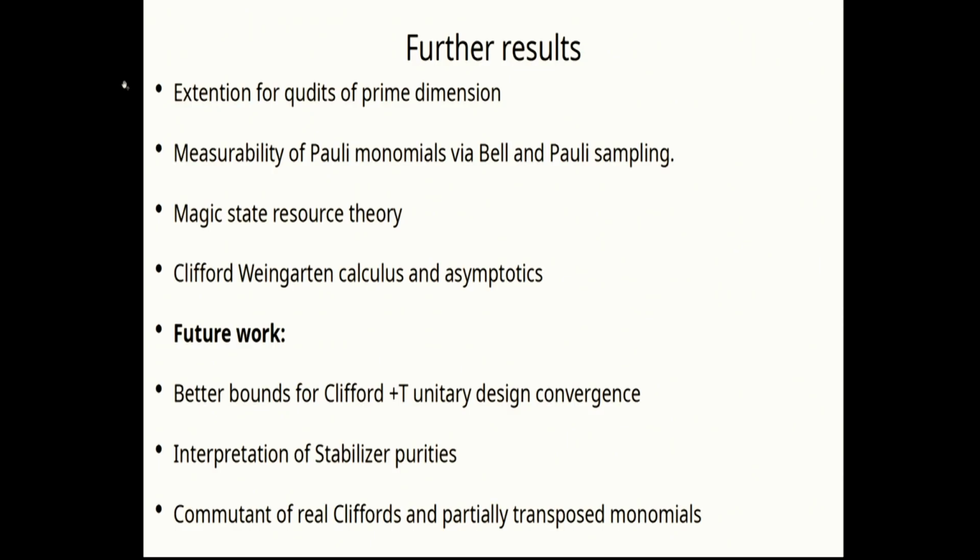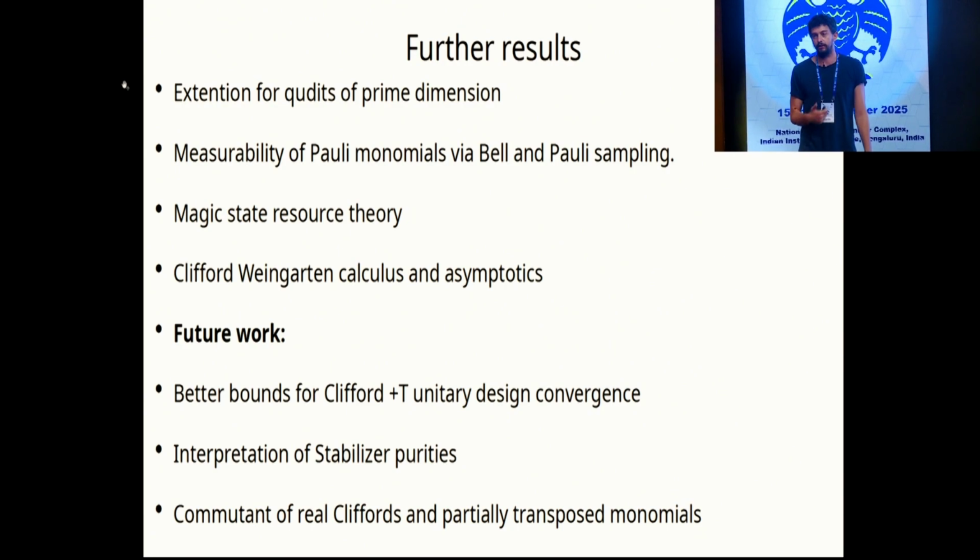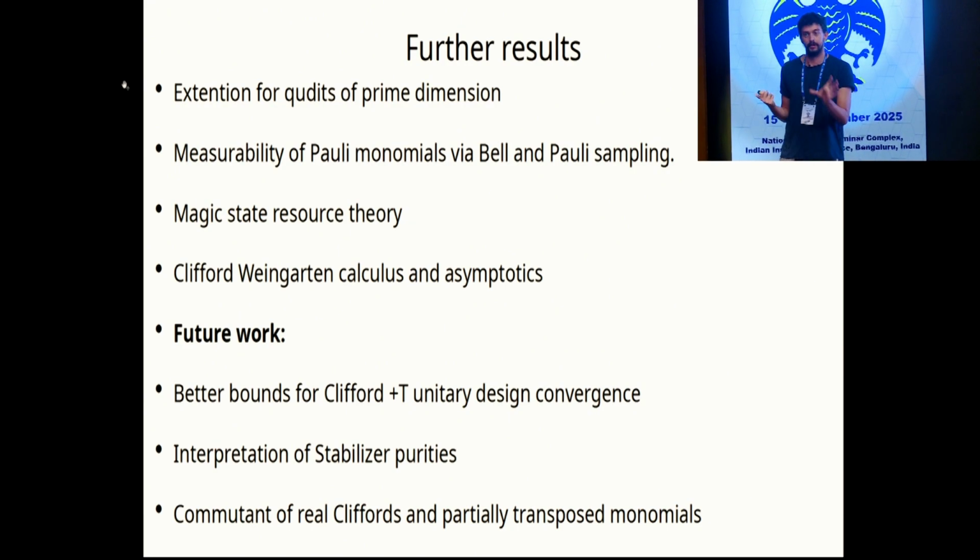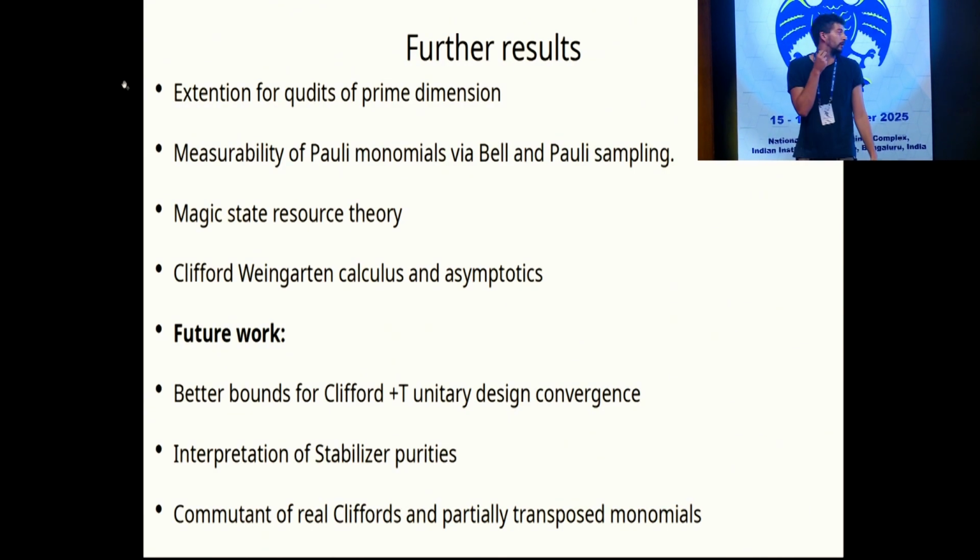Another interesting aspect is that these operators have an interesting extension if we allow for partial transposes of the subsystems. And that is surprisingly the same as if we would look at the commutant of only the real Cliffords, so only Cliffords that have a real orthogonal matrix representation. I think this connection is quite interesting, and we will be working that one out as well.